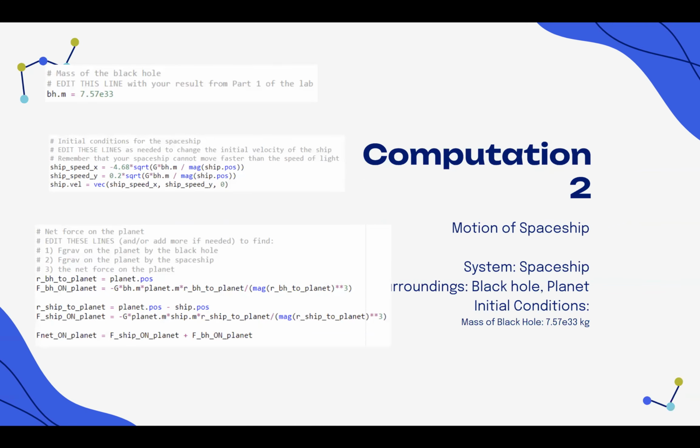So then for part 2, the motion of the spaceship. The system is the spaceship, and the surroundings are the black hole and the planet. The only initial condition change was the mass of the black hole, which I changed to the mass that I calculated in the last part.